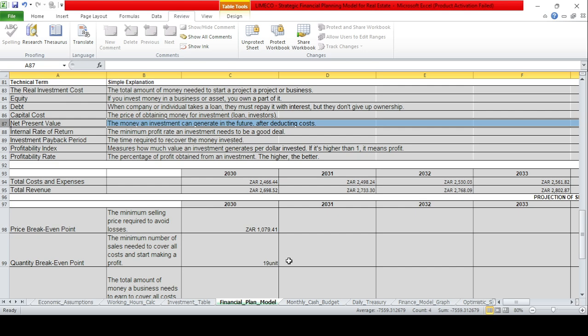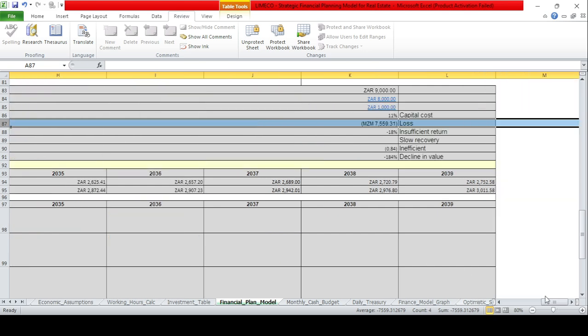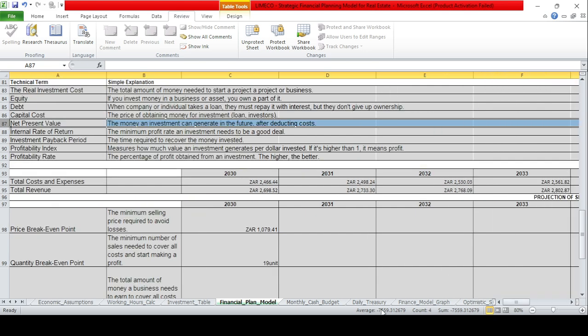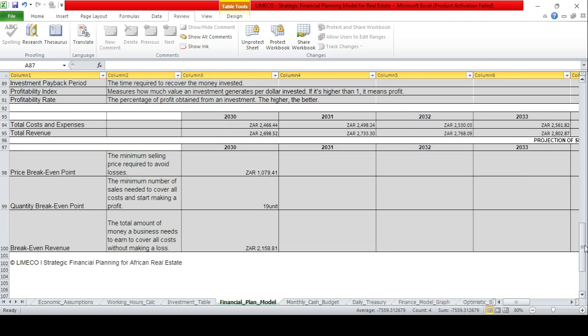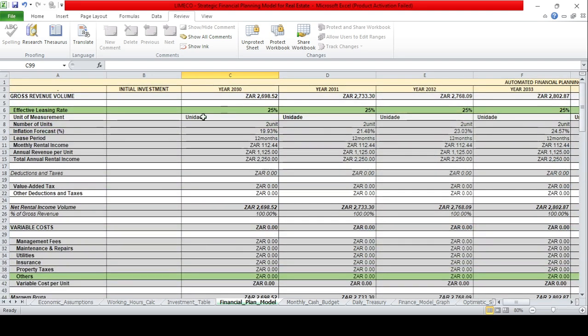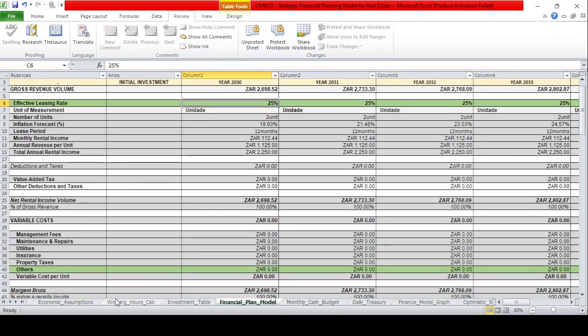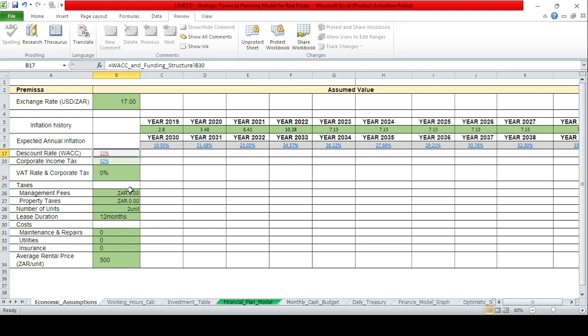Net present value is not viable, and it is saying the minimum units are 19. Let's increase it. Let's put 20 units.